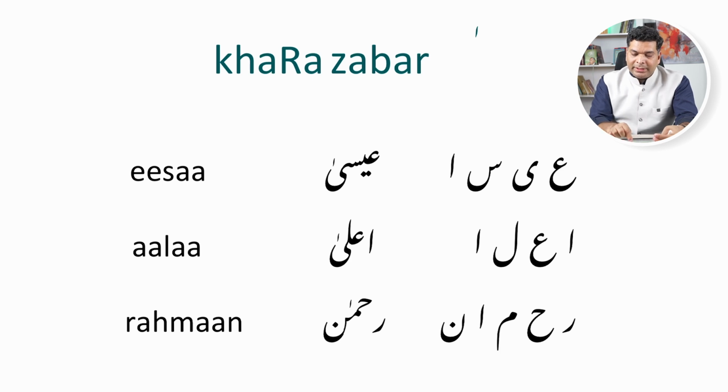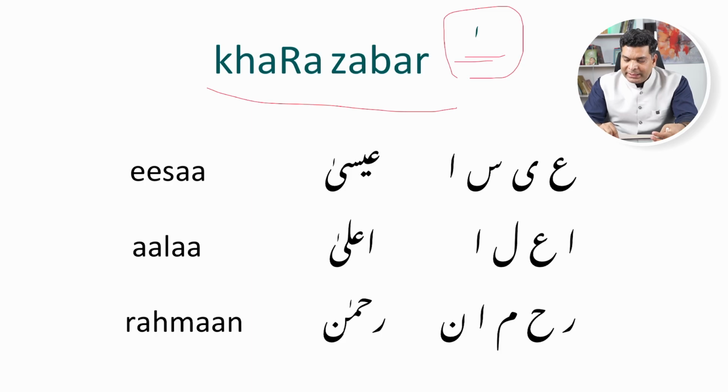Another important letter is actually an alif, but we call it khada zabar, and it appears on top of a letter. Now, this comes mostly from Arabic, wherein there are certain words which are written with an alif in the middle, or they're combined together, and alif is not written, but instead alif is put on top of the letter.